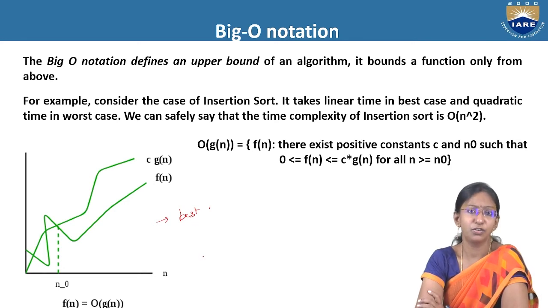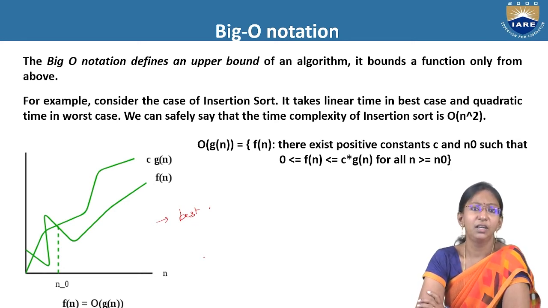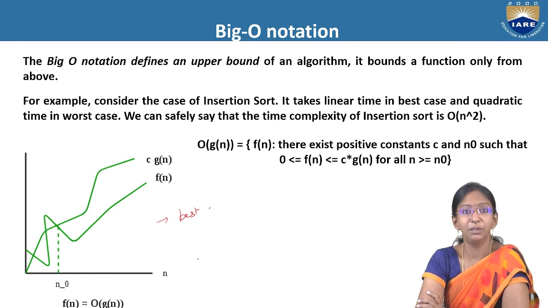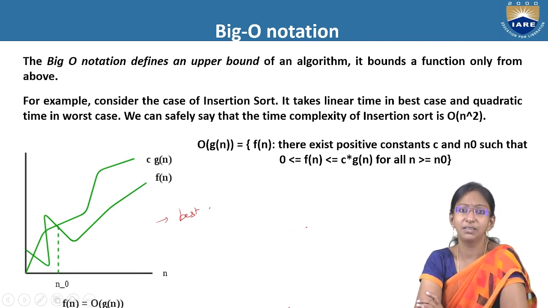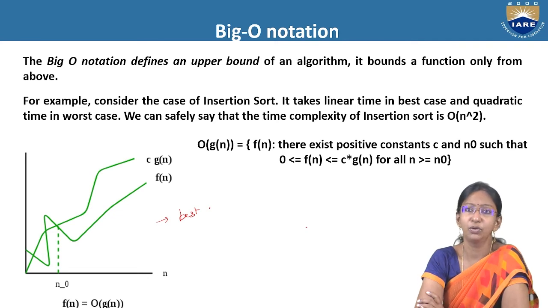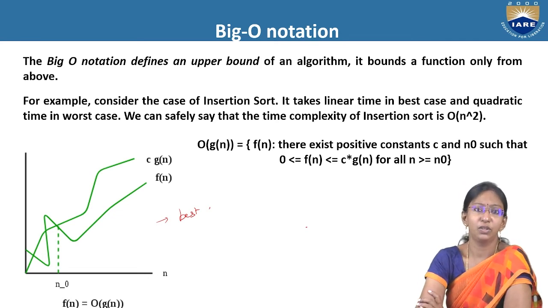In case of insertion sort, if you are fed with an ascending order and the requirement is also ascending order, the complexity will be order of 1, which is of no use and doesn't add any value to the analysis. So why take that? Keeping that in mind, only the worst case scenario, that is the upper boundary, is considered for big O notation.